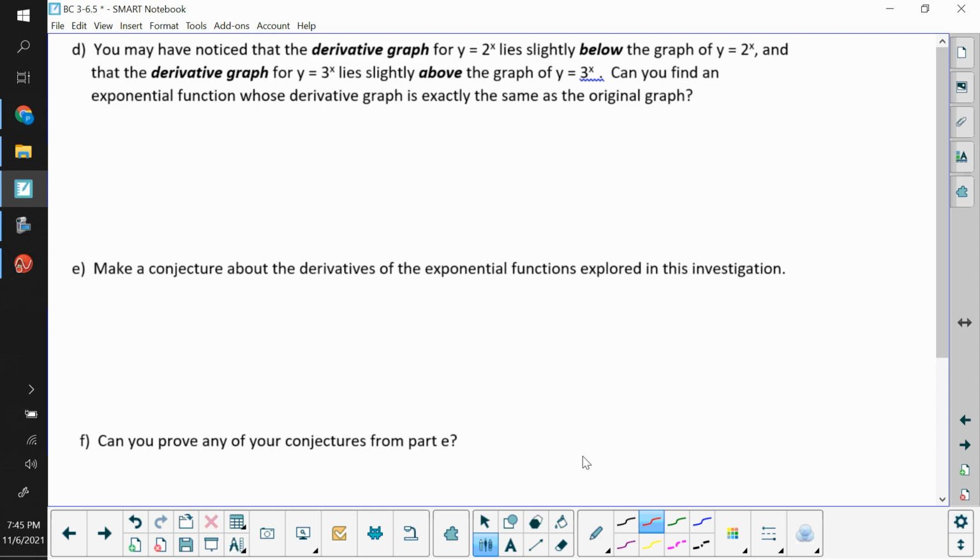So again, 2 to the x was a little bit below, and 3 to the x is a little bit above. So is there something in the form y equals a to the x? What value of a would maybe be exactly on the original graph? See if you can share with someone nearby if you might have any ideas.